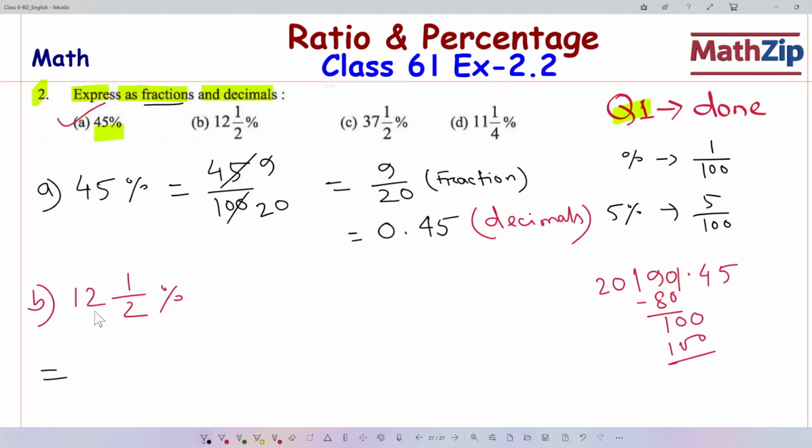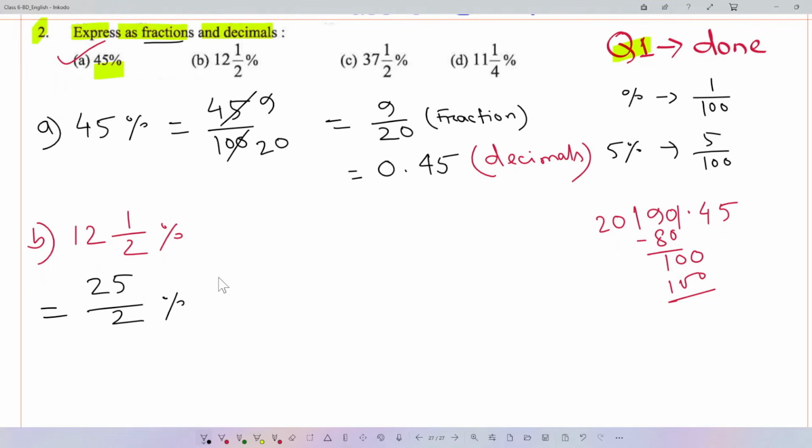Number B, 12 1 by 2 percent. Please note that this is a mixed fraction. First we have to make it an improper fraction. 12 times 2 is 24, 24 plus 1 is 25, divided by 2. Now we will convert this to a fraction first. So we can write 25 by 2 times, against the percent, 1 by 100.